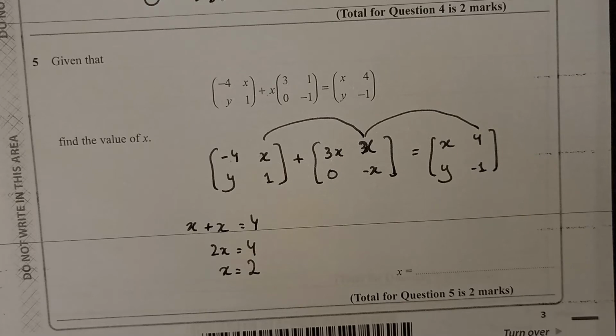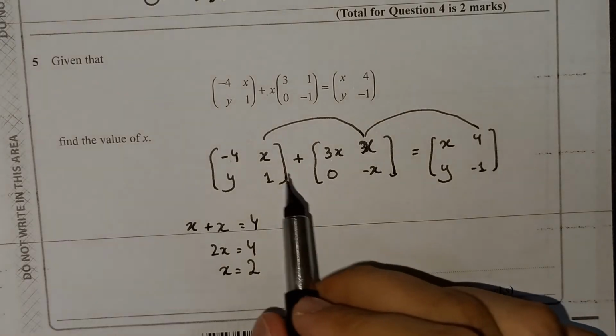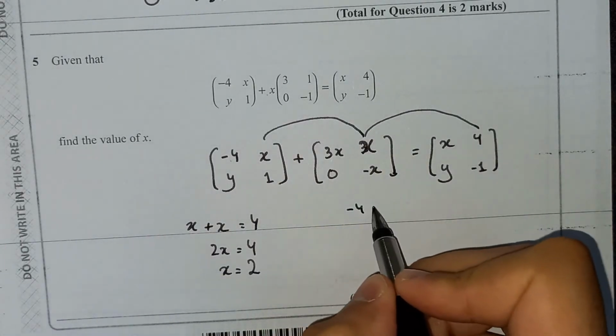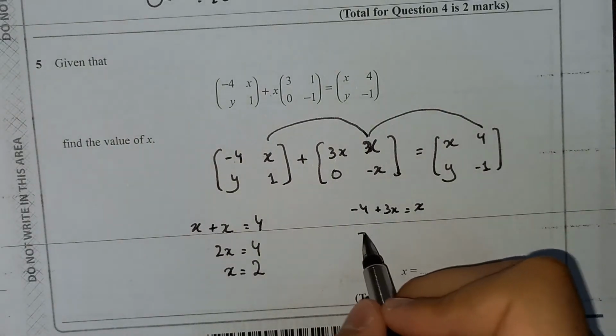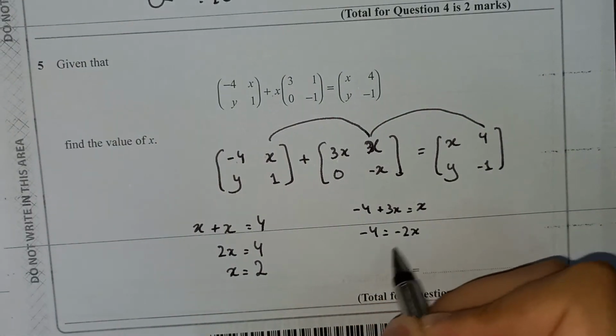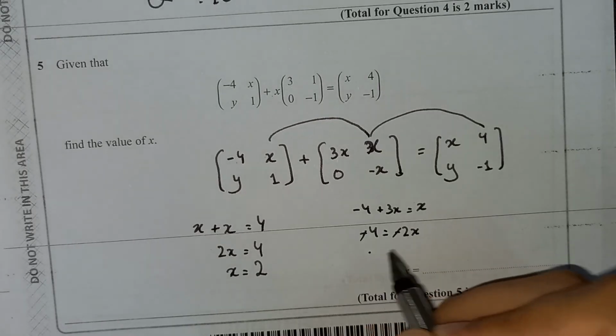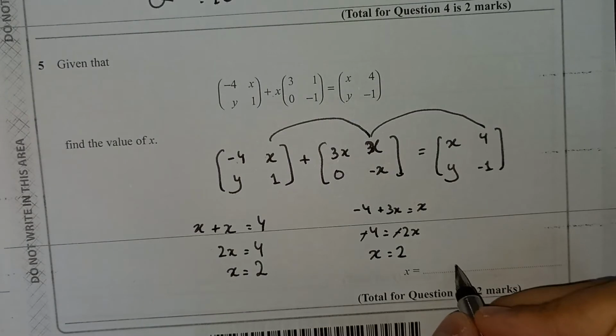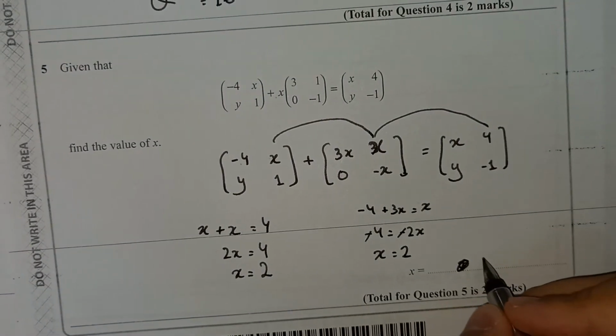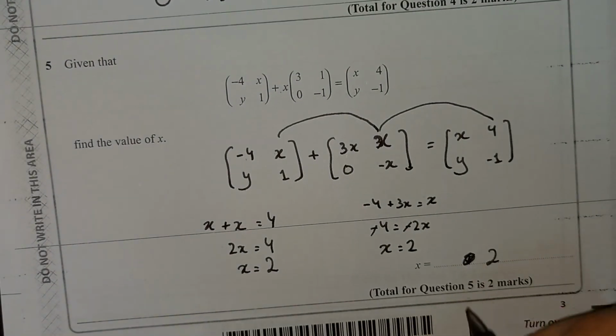If you want to counter check, you can also take other readings as well. For example, -4 plus 3x is equal to x, which gives us -4 is equal to -2x. Again, minus on both sides is cancelled, so x is equal to 2. They're not asking us about y, so we're just gonna write 2 for x.